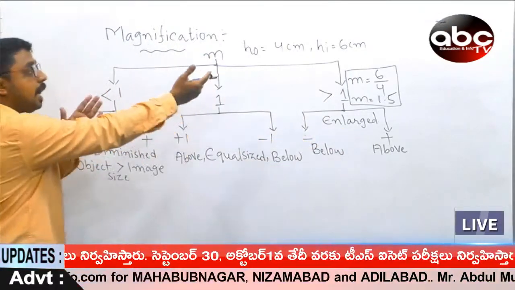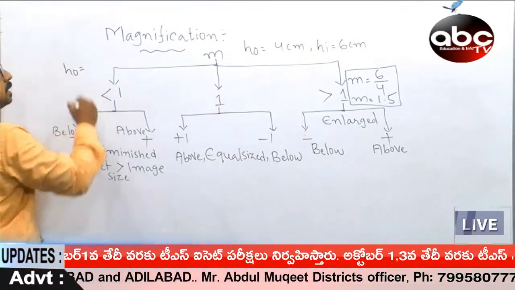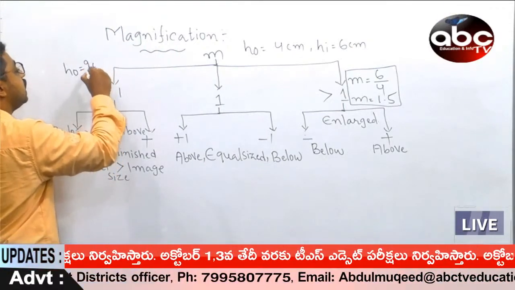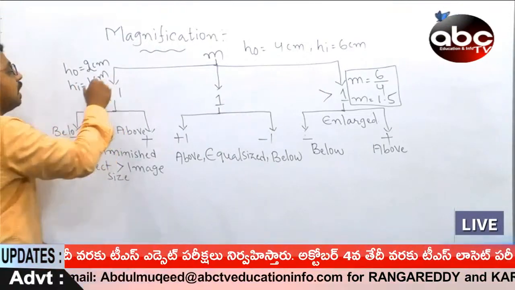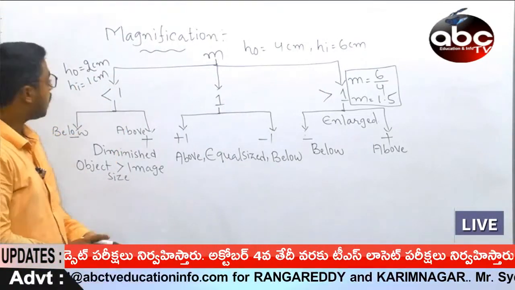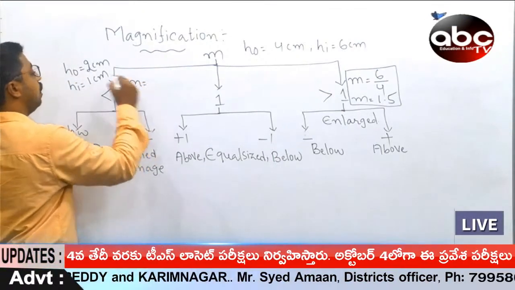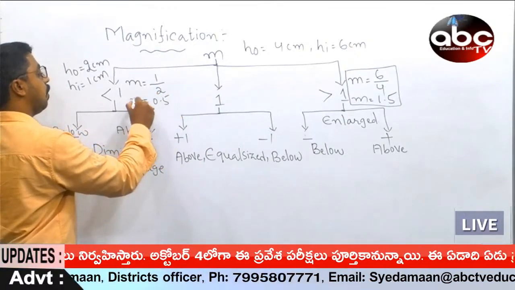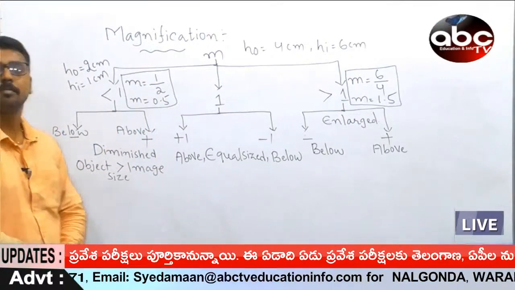Whereas if you take another example, height of object is equal to 2 centimeter, height of image is equal to 1 centimeter. Naturally, m is equal to 1 by 2, that is equal to 0.5, less than 1.